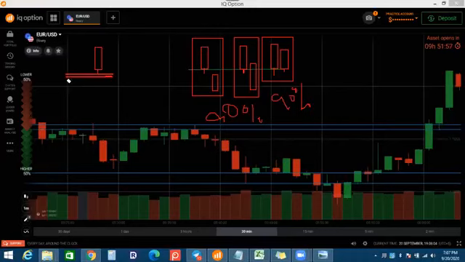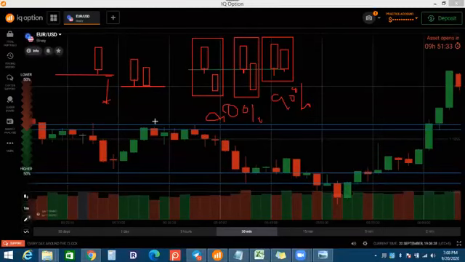If there is a resistance level and they start from below the resistance level, then you can expect the market will move down. If on the candle there is a support on the gap, like this support, this round number is like a support, and the candle starts from here, then the market can move up.